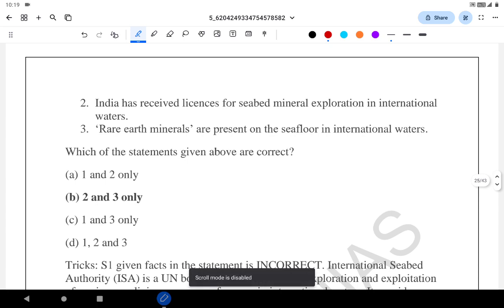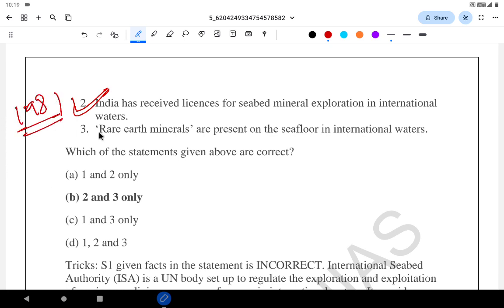India has received a license for seabed mineral exploration in international waters. Correct. India has received that permission in 1981 itself.